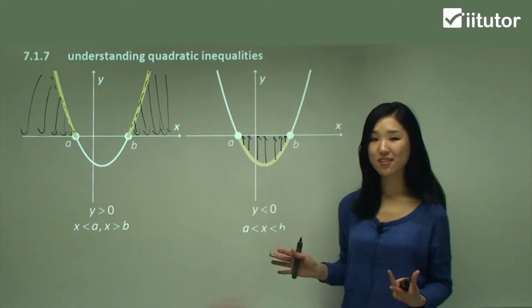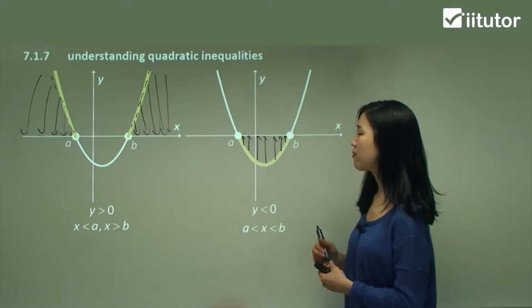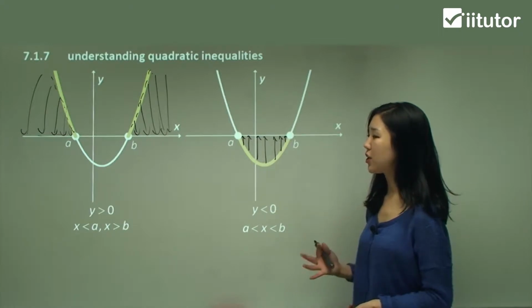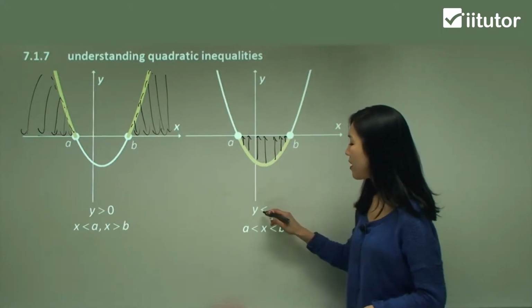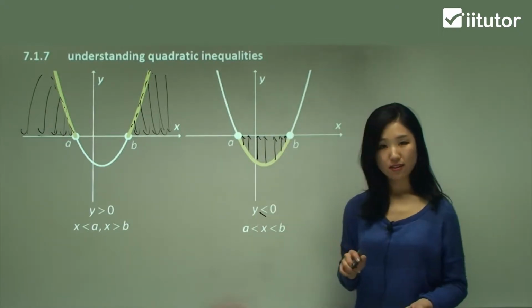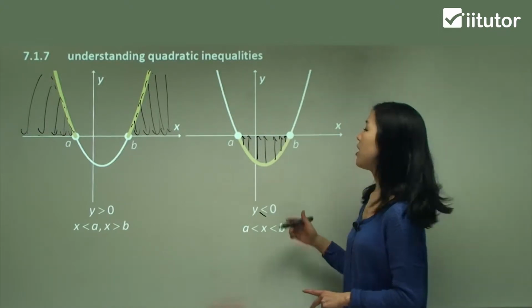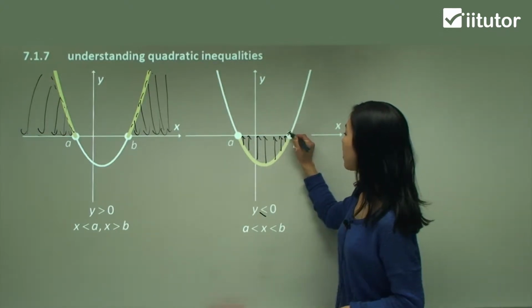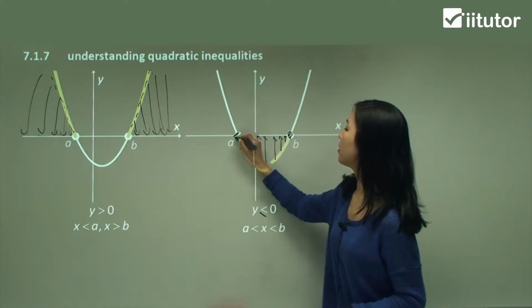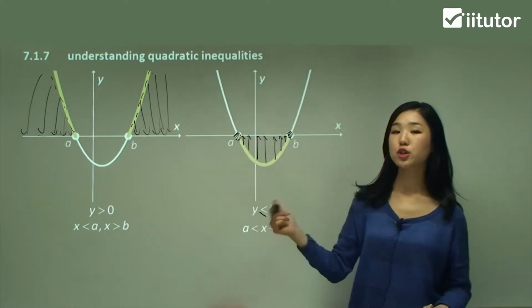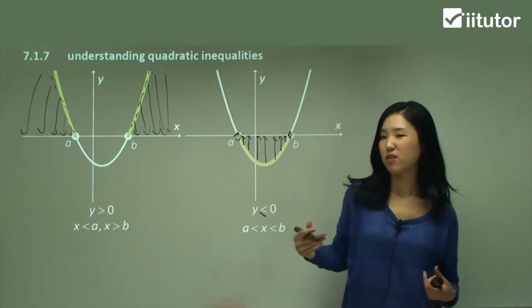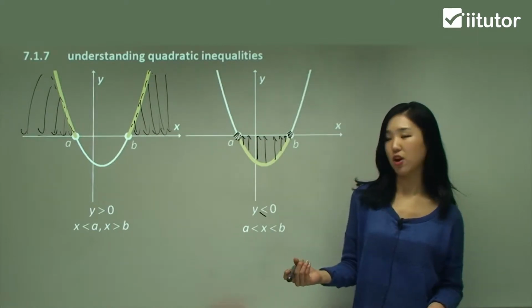So that's all you need to know here. Just before you continue, you should also know that when it's less than or equal to, these circles will be coloured in. If it's not equal to, it will be hollow circles. These are some basic information you probably already know.